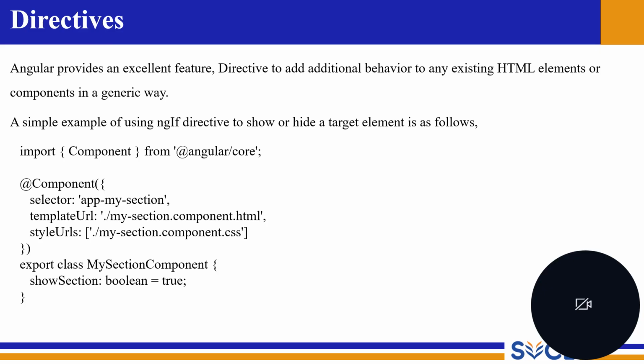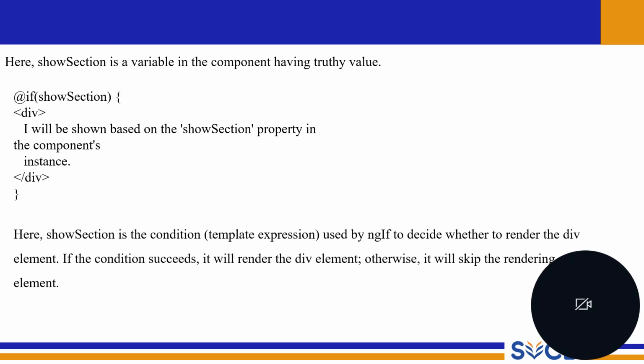So this is an example of the ngIf directive to show or hide a target element as follows. Here showSection is a variable in the component having a truthy value.